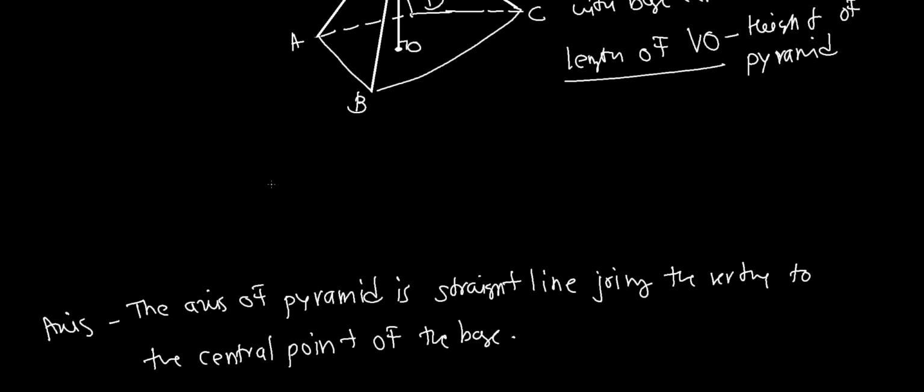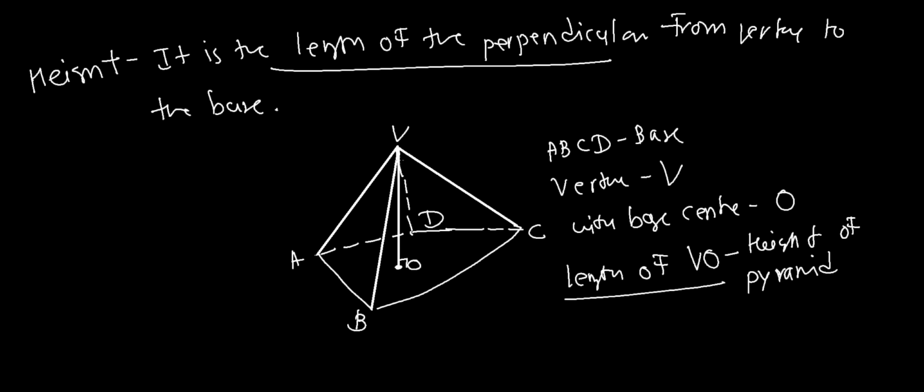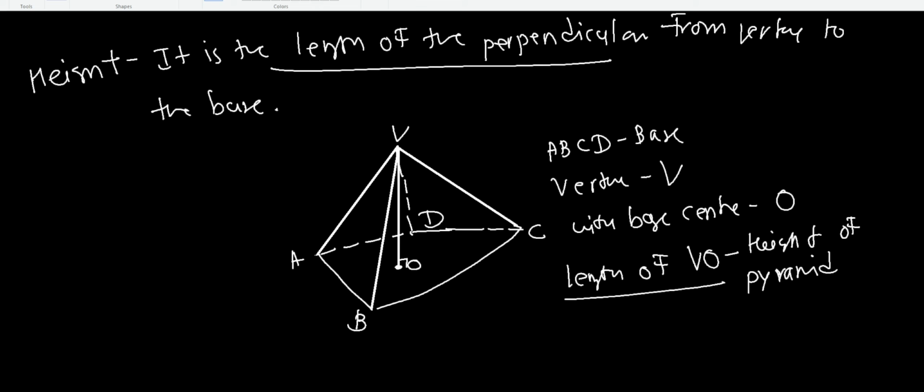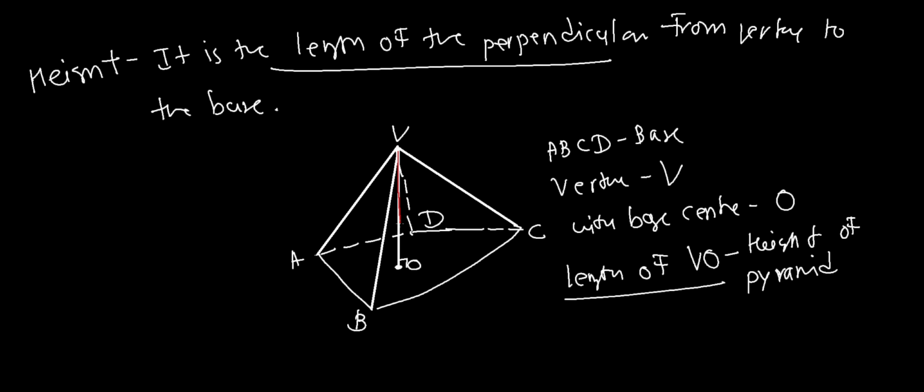So in our case it is this line VO. This is the axis of the pyramid. So line VO is also the axis of the pyramid.